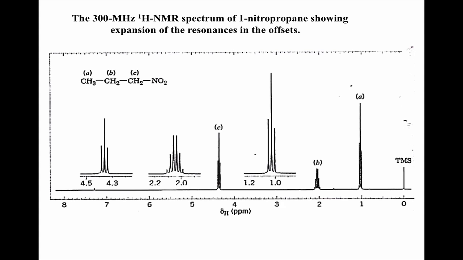There are oxygens. Oxygens are electronegative. Draw out on a piece of paper the Lewis structure for a nitro group, NO2.